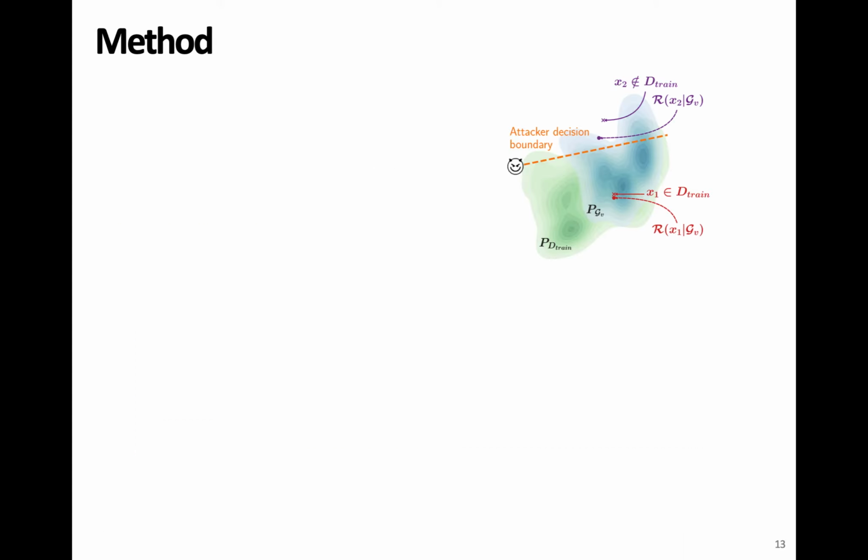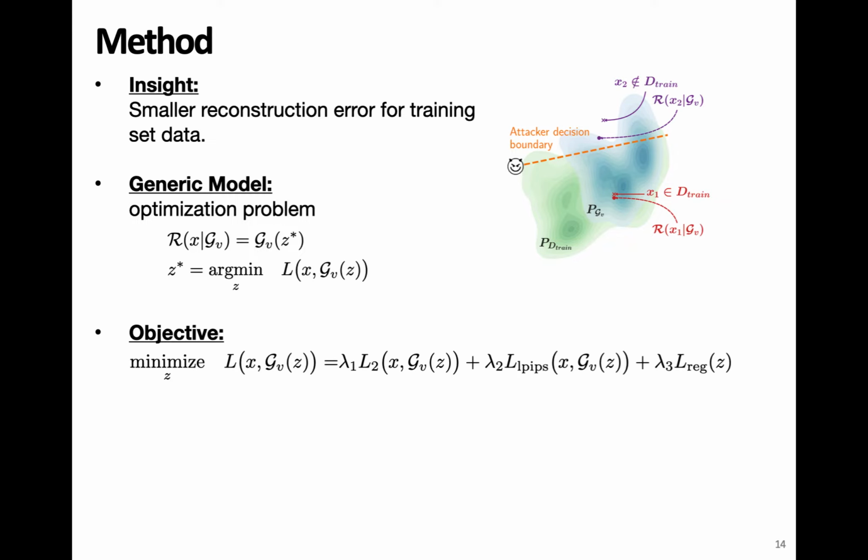Here we introduce our proposed method. Basically, we formalize the membership inference attack as an optimization problem. Specifically, given a query sample, we find its closest reconstruction by optimizing over the generator's output space, and the query sample will be classified as a training sample if it has small reconstruction error.